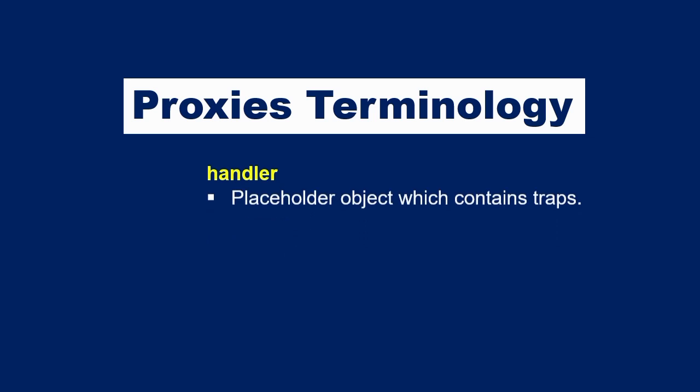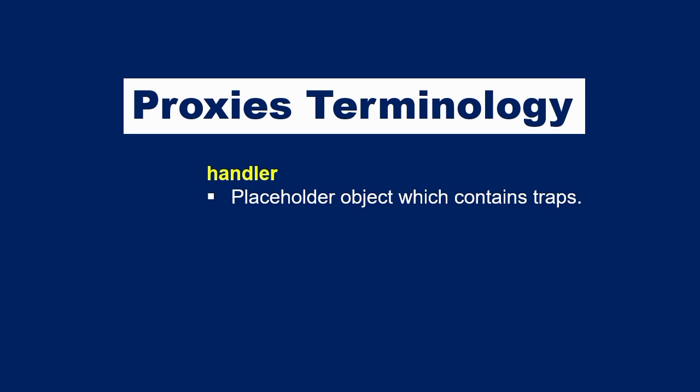To understand how proxies work, let's take a look at three terminologies used by proxies. The first is known as a handler. The handler basically is the placeholder object which contains traps. Traps are interceptors.